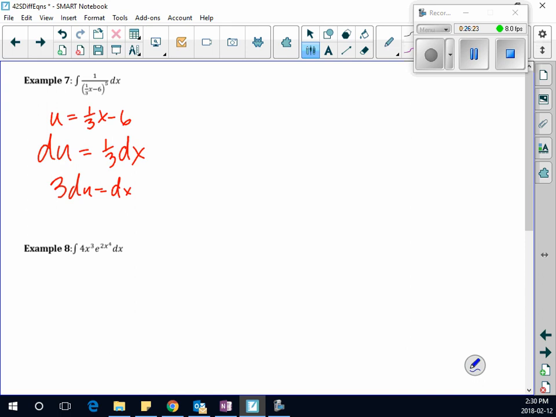And I know the multiple choice, they always have that one where if you skip that step, they have the wrong answer there for you. You know what I'm saying? So it is a crucial step here. So this is going to be 3 the integral of u to the power negative 5 du. Yes?